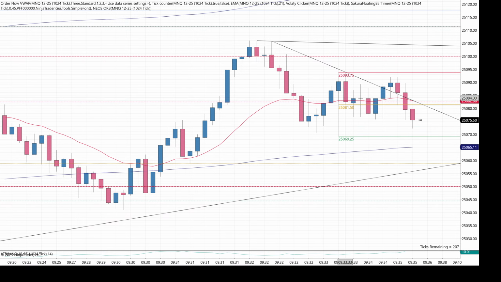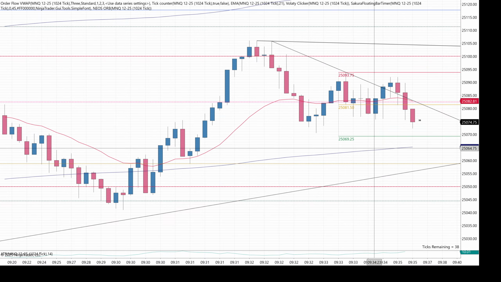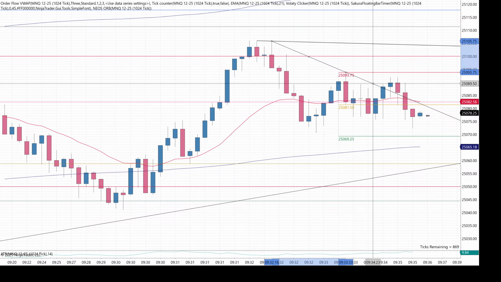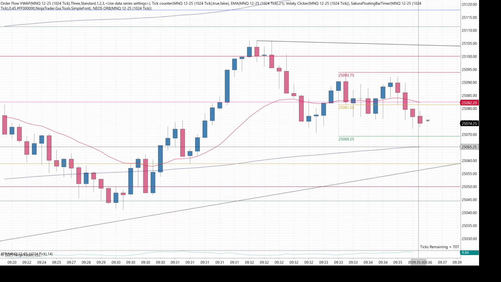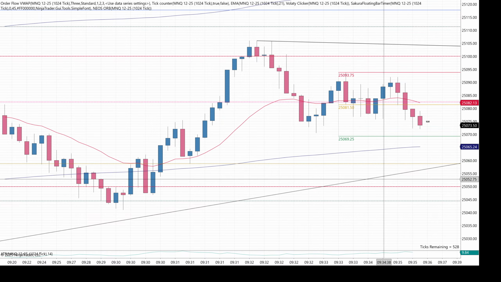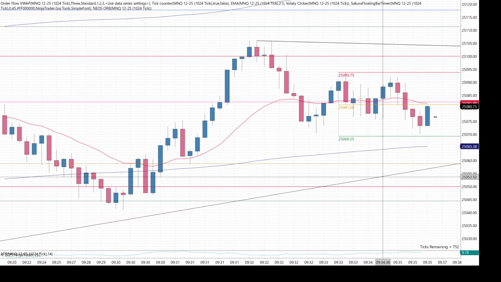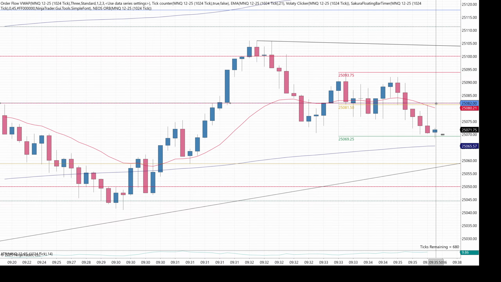We're still in this bearish move. All right, the bearish move hit target.